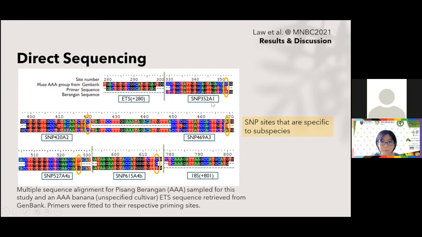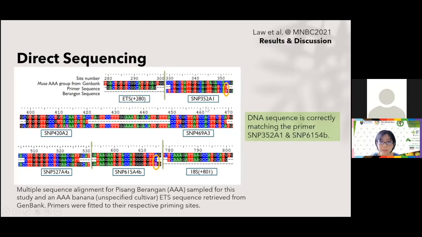We found SNP sites that are specific to the subspecies, circled here, according to the information given in Boonruangrad's publication. Somehow, we found that only this one on the first primer and this one on the 4B primers are matching the primers.